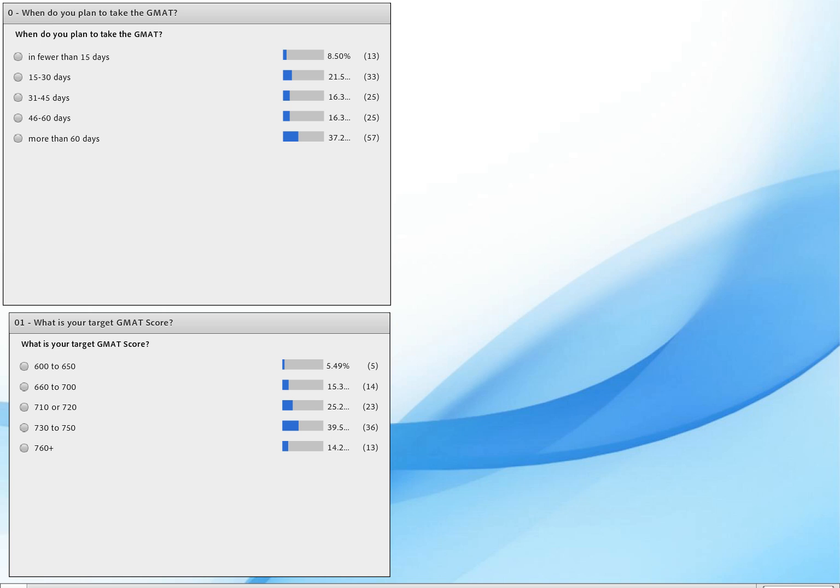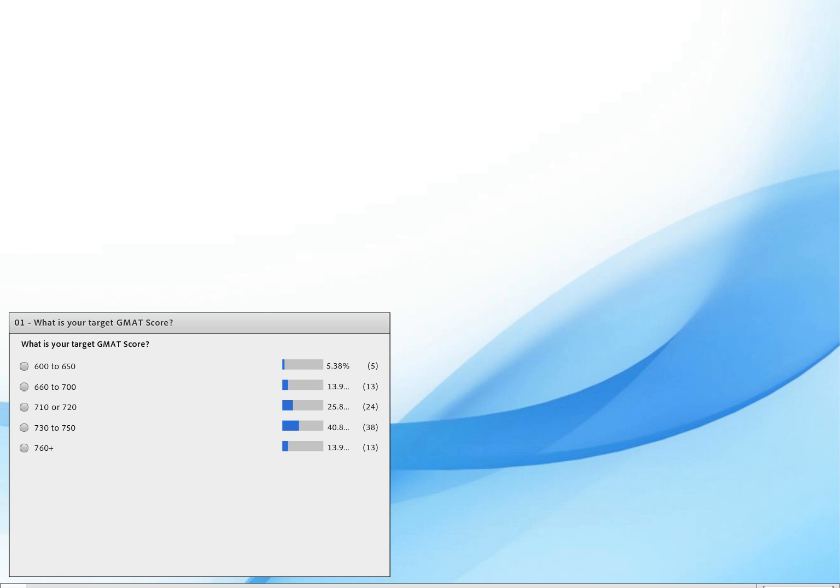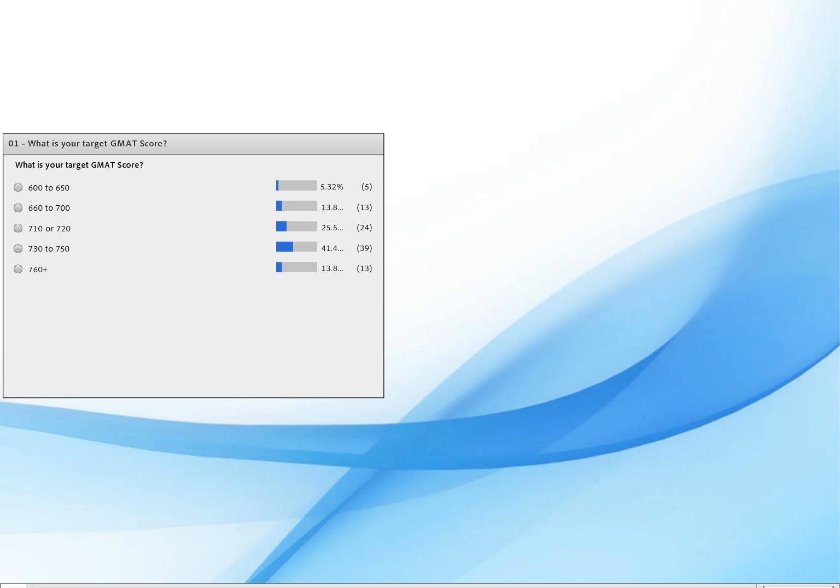We have a few folks who have their exam right away, but other than that, we have a healthy number of people in each group. Then with regards to the target GMAT score, the most popular score group is the 730 to 750. We have a significant number of people in the 660 to 700, 710, 720, and the 760 plus group as well.